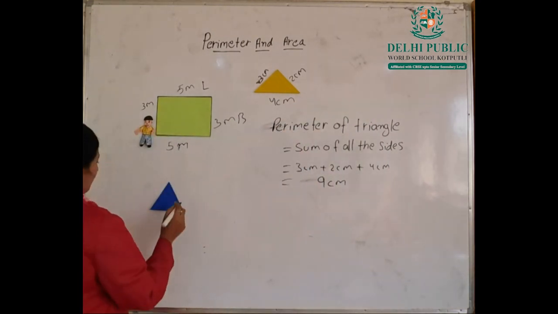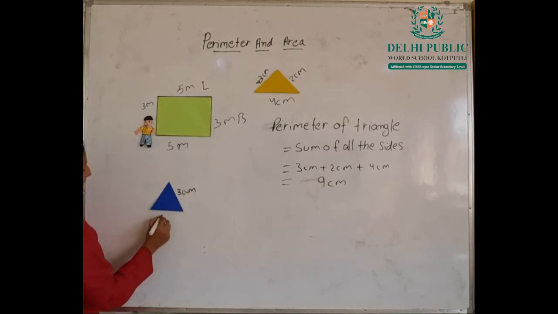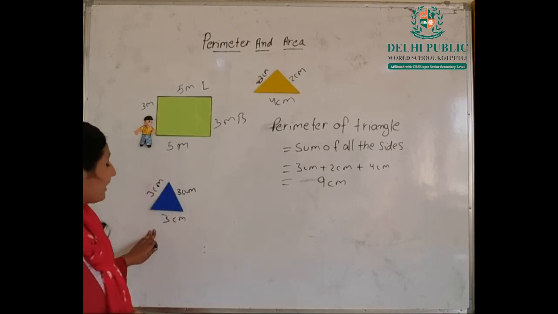If one side is 3 cm, then the other two sides are also going to be 3 cm. So in this triangle all the sides are equal.